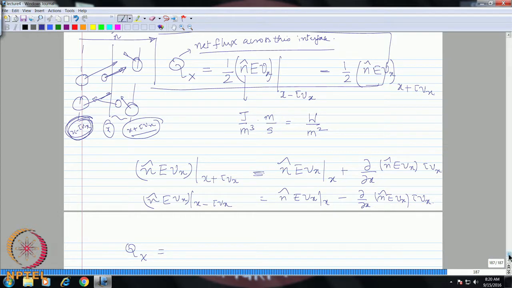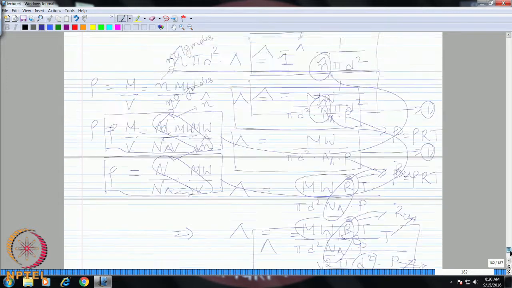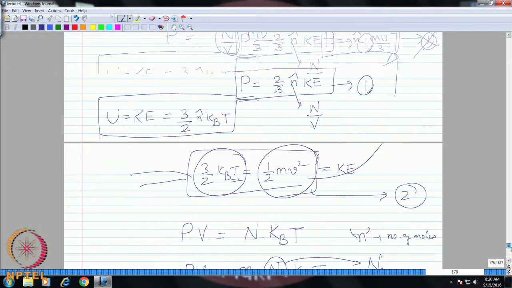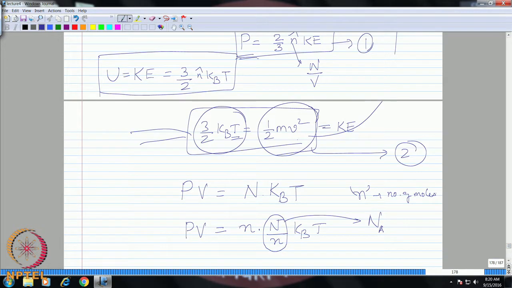So, we have shown this from, if you just look at yesterday's derivation, 3 by 2 kBT is equal to half mv square. Okay. So, that is the total kinetic energy is equal to 3 by 2 kBT. So, therefore, depending on the temperature, the local velocities and therefore, the kinetic energy will be different. That is how the energy transport is happening.